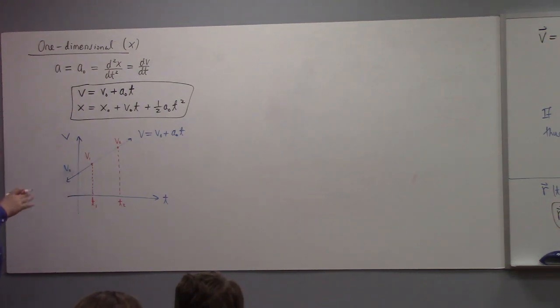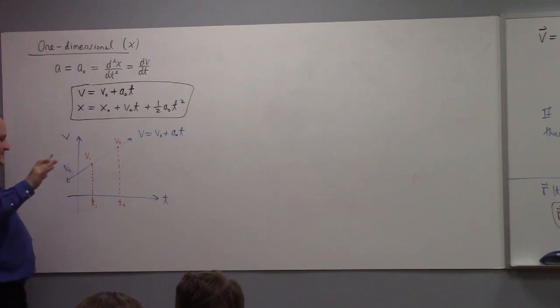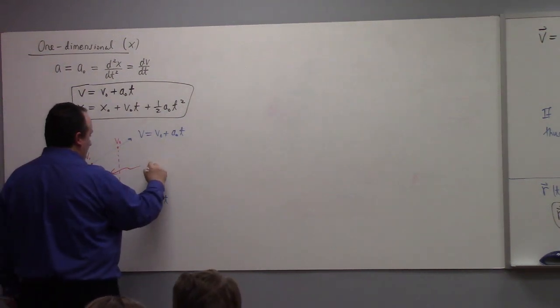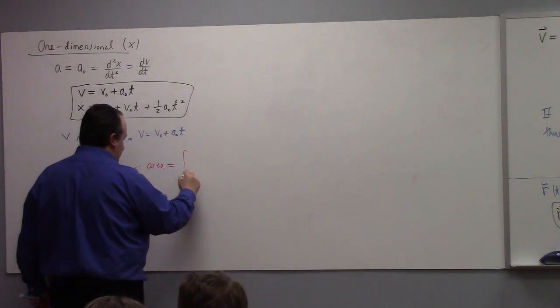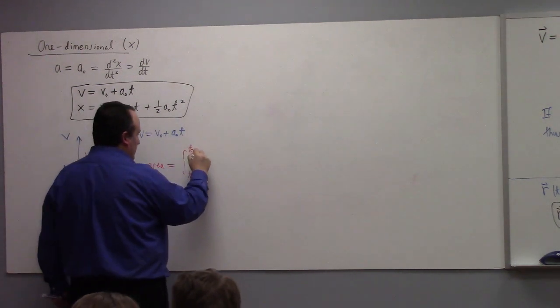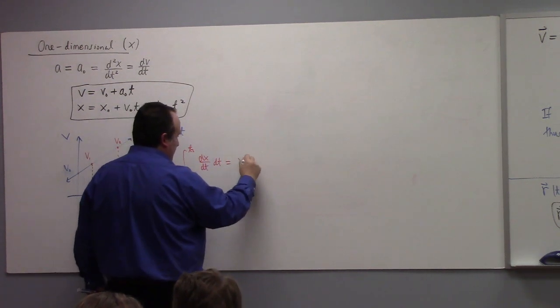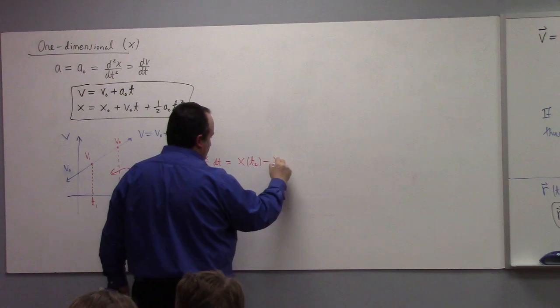What's the area under this graph mean? Position. So the area here is equal to the integral from T1 to T2 of dx dt, which is x of T2 minus x of T1.